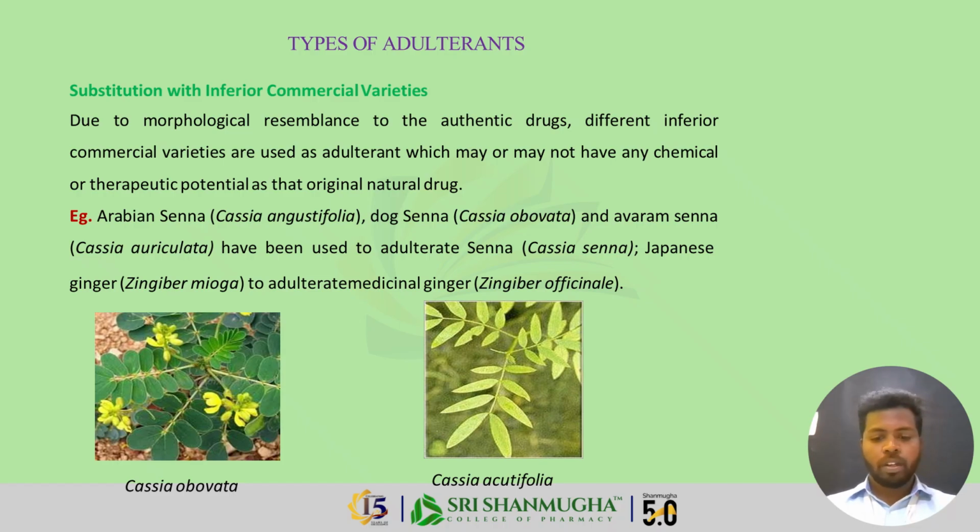Okay, for example of inferior commercial varieties, Senna. True Senna is Cassia senna. But in the market you may find Arabian Senna, Dark Senna, and Avaram Senna. All look similar, but the therapeutic activity is not the same. Another example is ginger.